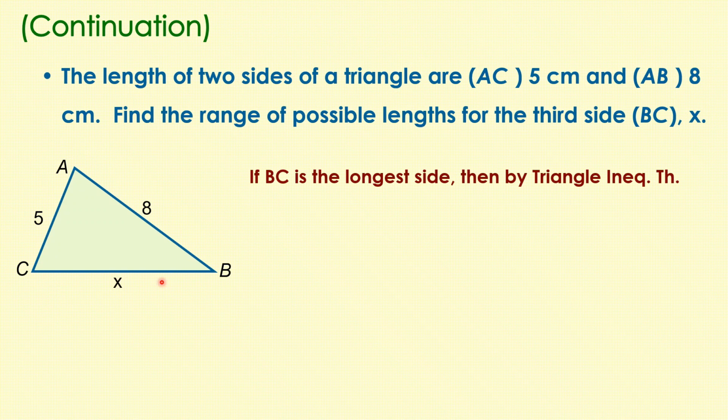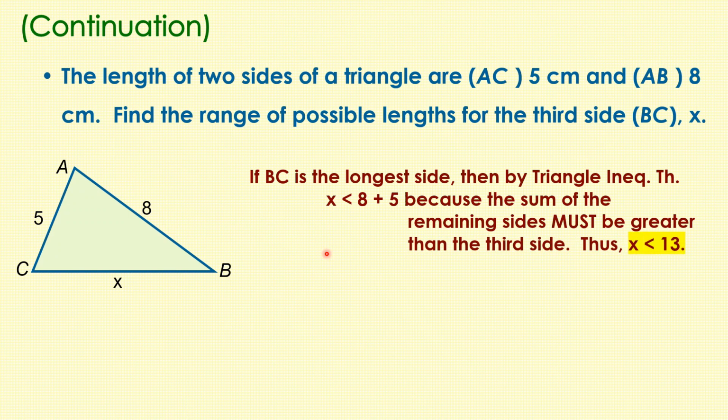If BC is the longest side, that means x is less than 8 plus 5, because the sum of the remaining two sides must always be greater than the third side. So x is less than 8 plus 5.